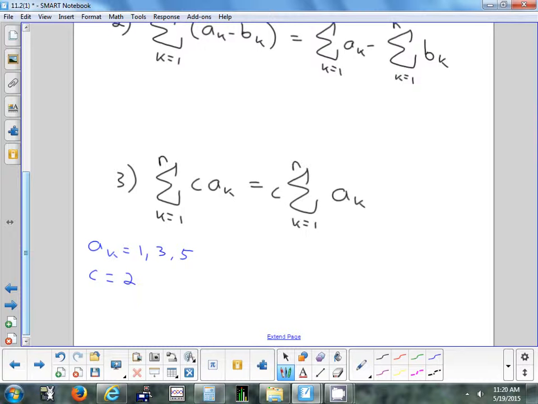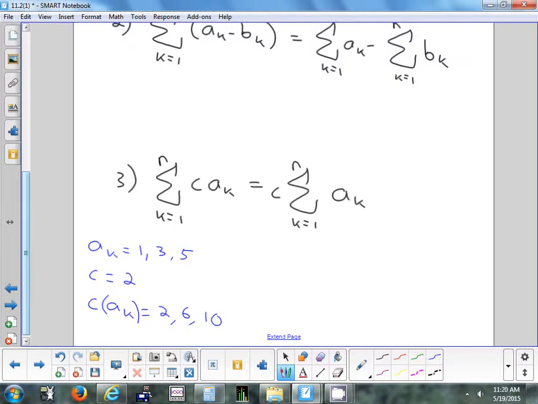We're going to double everything in this sequence. So C times A sub k means to take everything in sequence A and multiply it by C. So double it. So this new sequence is going to be 2, 6, 10.